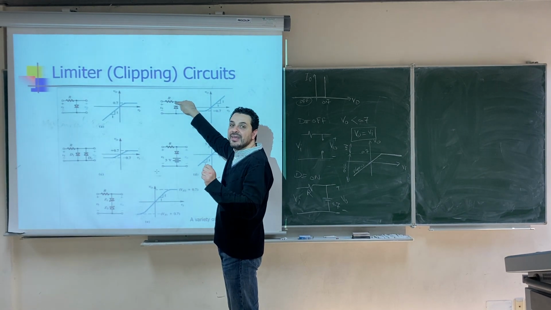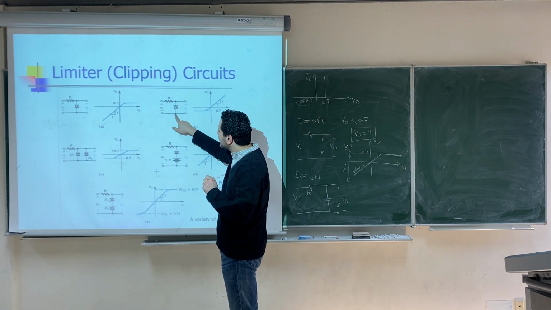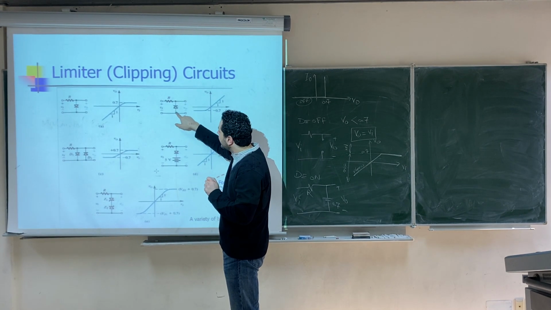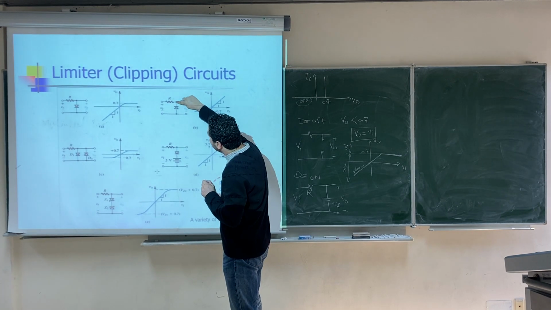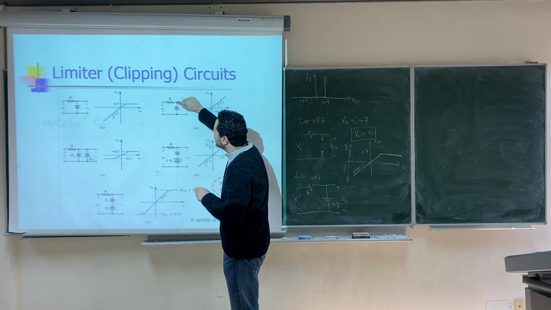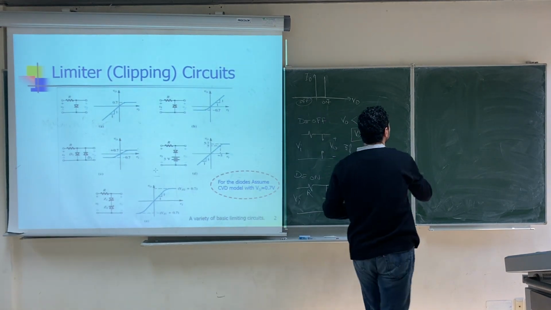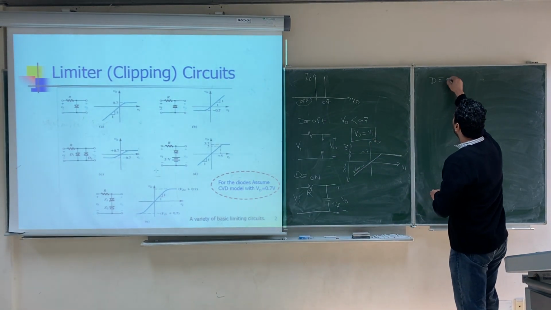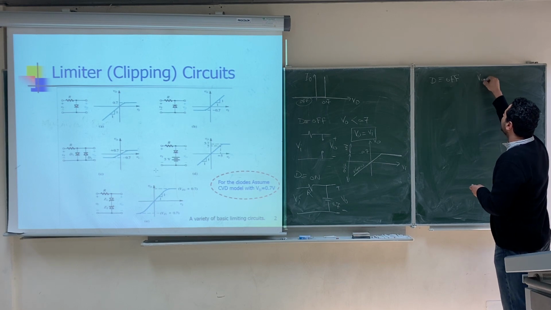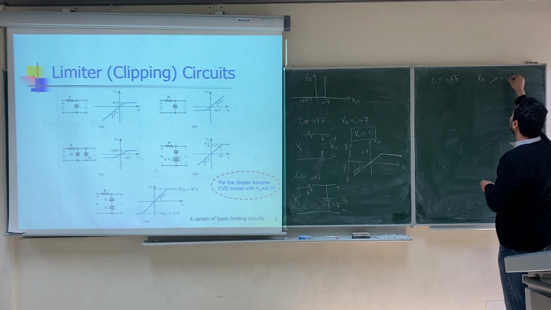Higher than negative 0.7. Why? Because this terminal is connected to 0, right? If the terminal here, the negative terminal, is higher than negative 0.7, then this diode will be off. So in this case, we say that the diode will be off as long as V output is greater than negative 0.7.